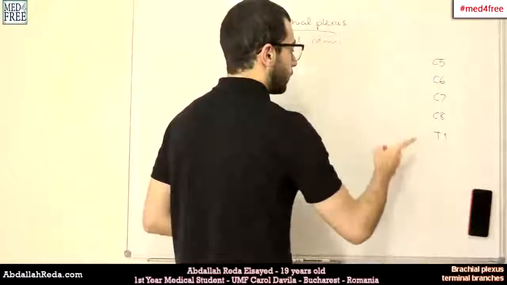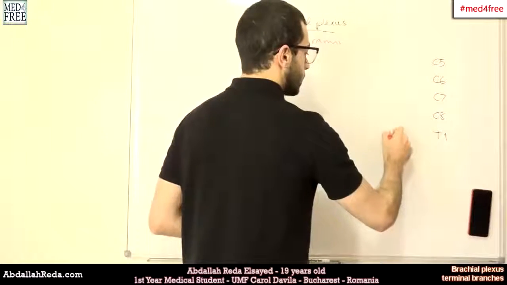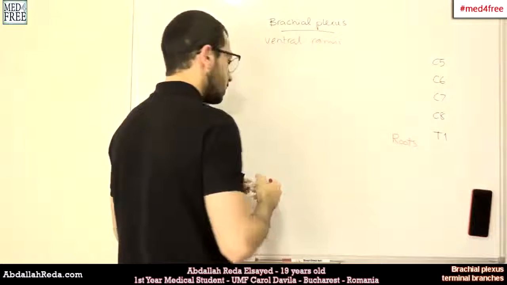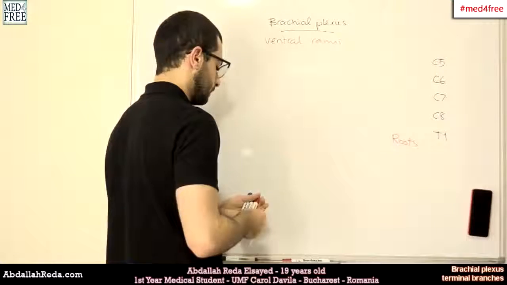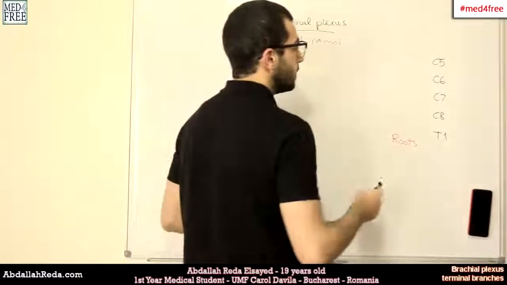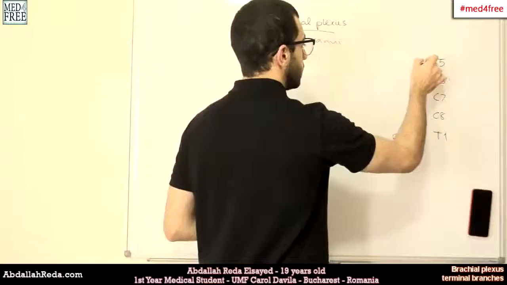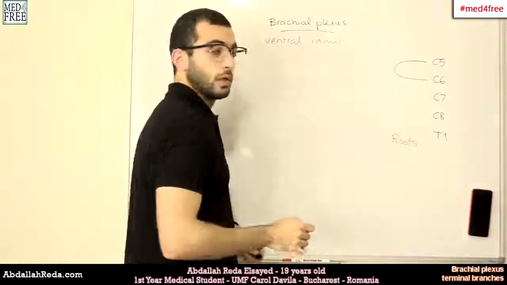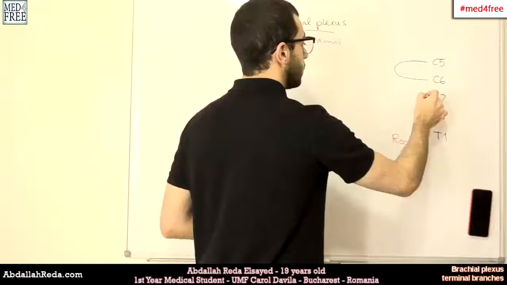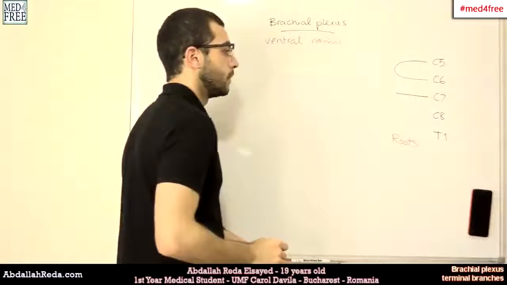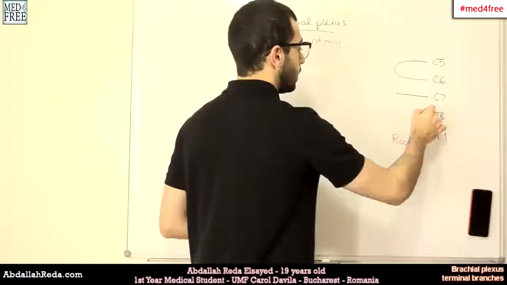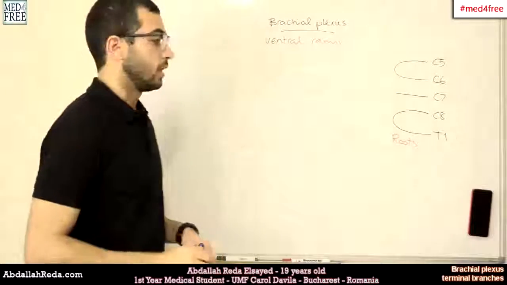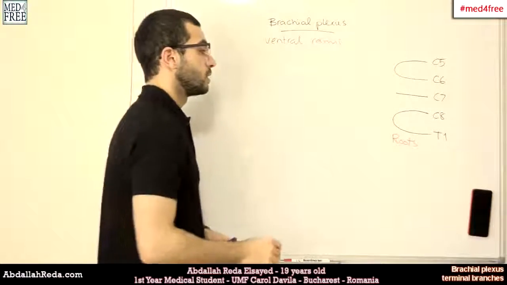So the first part is the roots of the brachial plexus, and in this part the C5 and the C6 will anastomose with each other. The C7 will go along the way alone, and the C8 and the T1 will also anastomose with each other, as we can see. This is the roots.